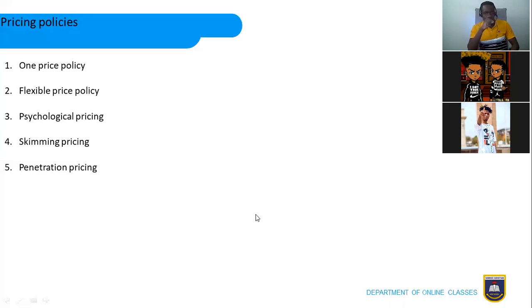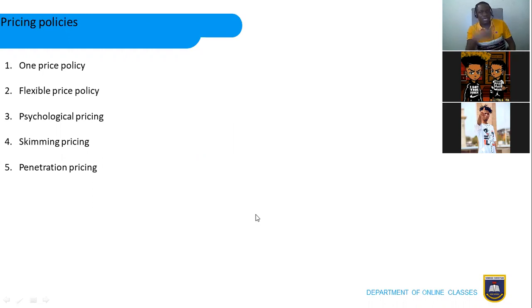So let's assume the product is 10 Ghana cedis, you may decide to sell your product at 9 Ghana cedis or 9 Ghana cedi 90 pesewas. That is how it works here.